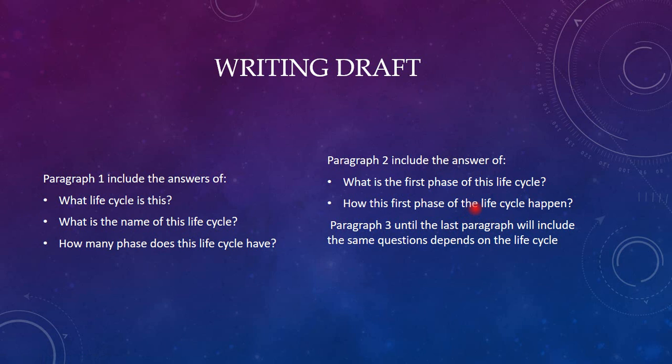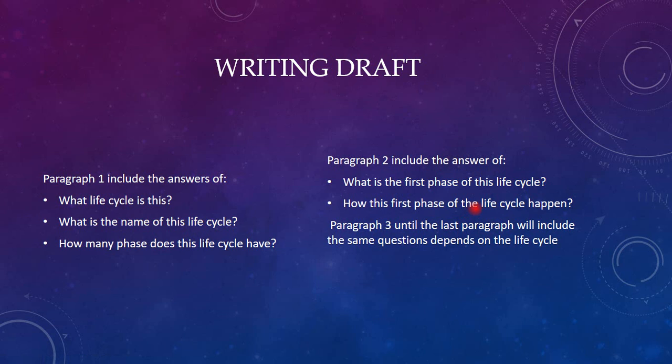So how many paragraphs are you gonna have in your explanation? It depends on your life cycle, how many phases you have. In the butterfly life cycle that I showed you, it only has 5 paragraphs because there are only 4 phases, and there is an introductory paragraph, so it's gonna be 5.